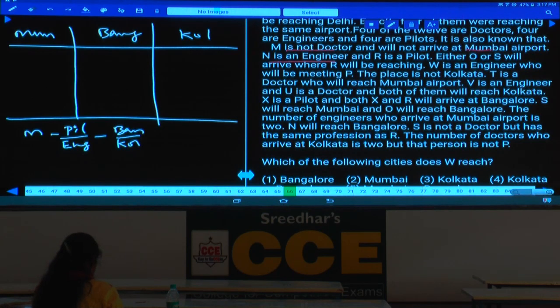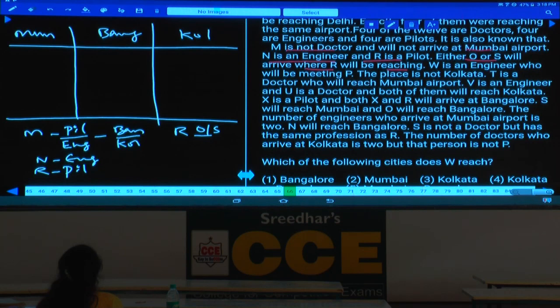Now the next information: N is an engineer and R is a pilot. Either O or S will arrive where R will be reaching. R, O and S must be at the same airport, or either O or S will be at the same airport.